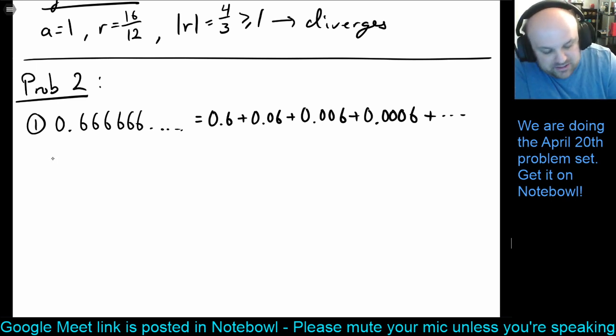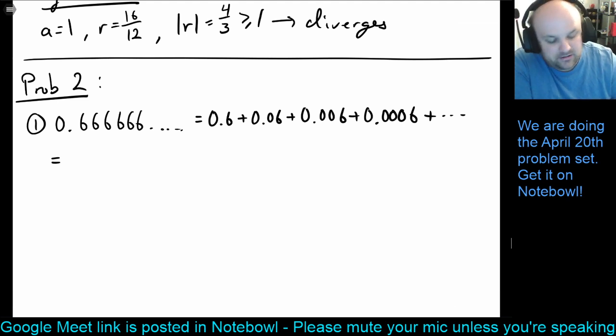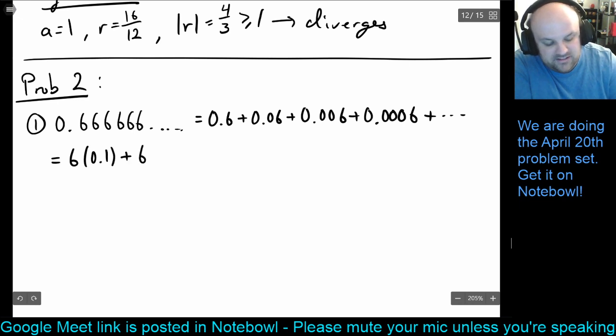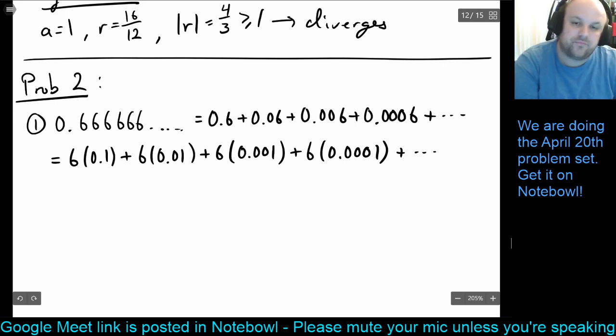And now I'm going to factor out that number that's being repeated. So here, it's a 6. It's 6 times 0.1 plus 6 times 0.01 plus 6 times 0.001 plus 6 times 0.0001 and so on.